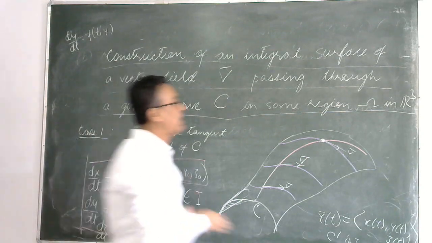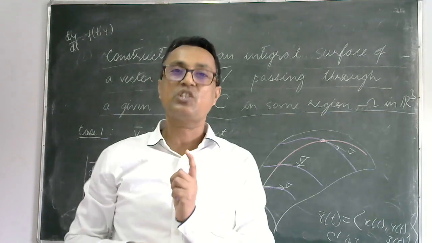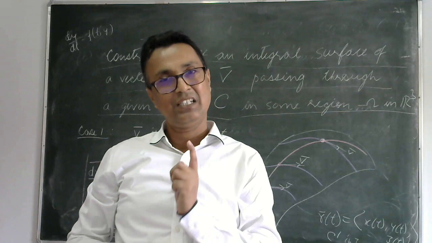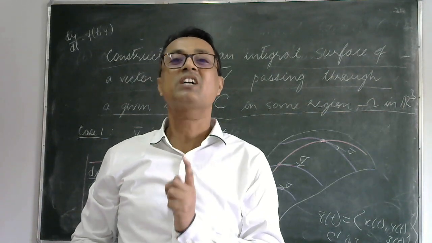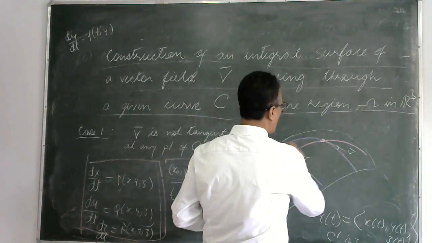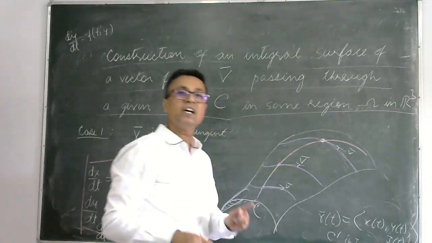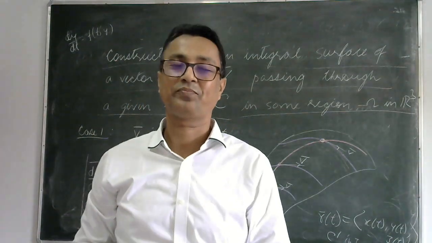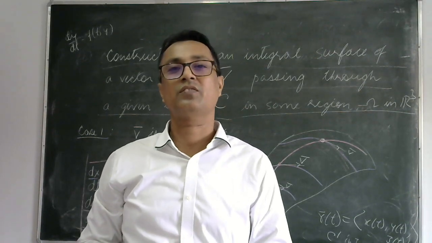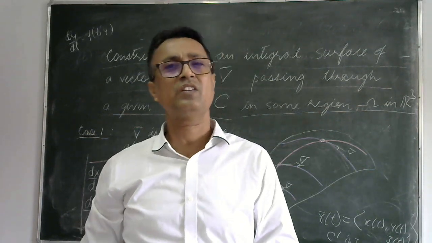So what is going to happen? Through each point you can consider it as the initial point, so the curve passing through each of those points must be a unique curve. You take the union of all those integral curves, and that is going to give you the integral surface. Why an integral surface? What is the definition of an integral surface?